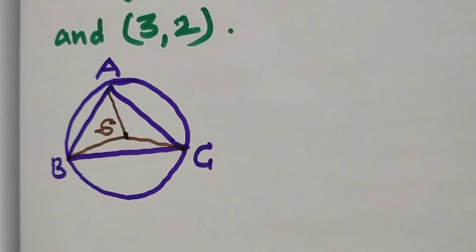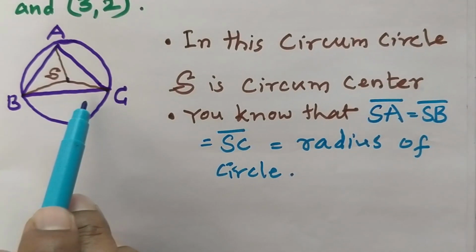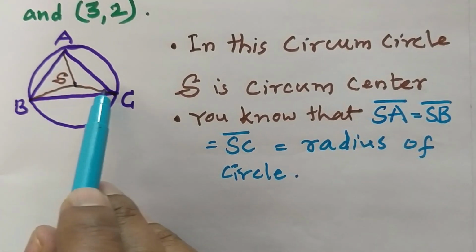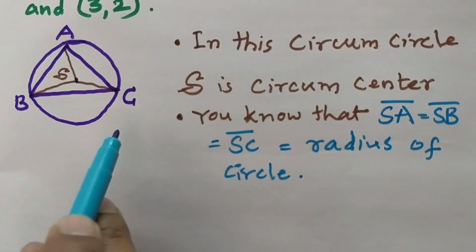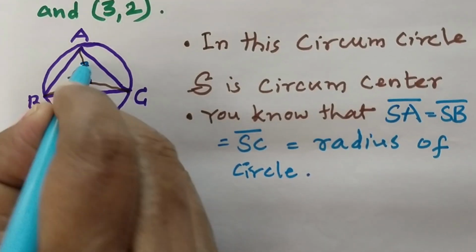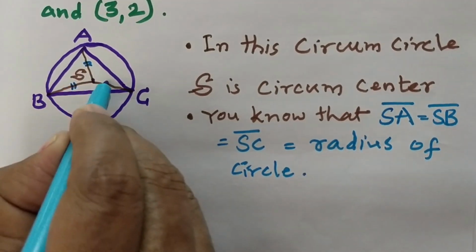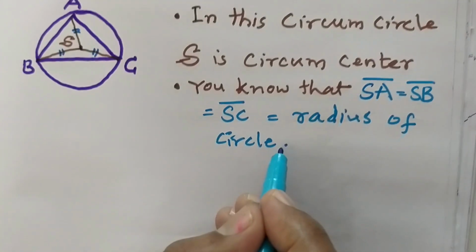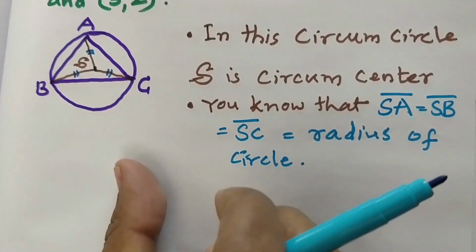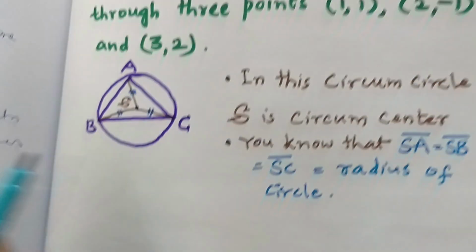That you know. In this circumcircle, S is called circumcenter, and you know that SA is equal to SB is equal to SC, which is equal to the radius of the circle. By using this concept, we have to solve this problem.